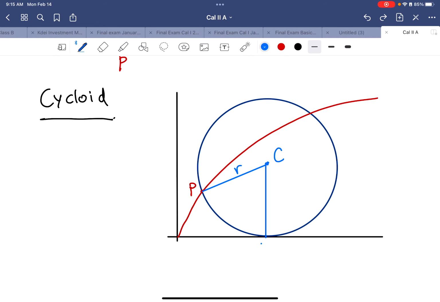Let's say this is D, the distance. And let's have another point here, it's Q. And we will have an angle theta here.